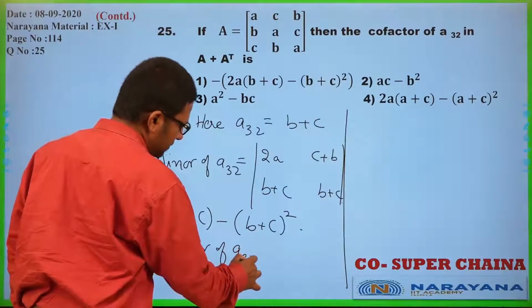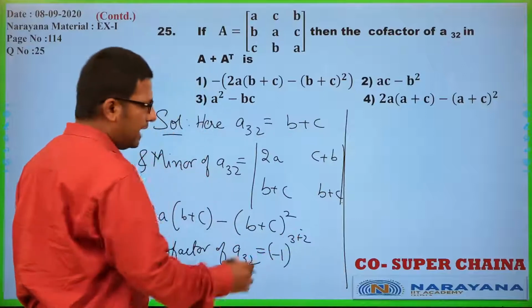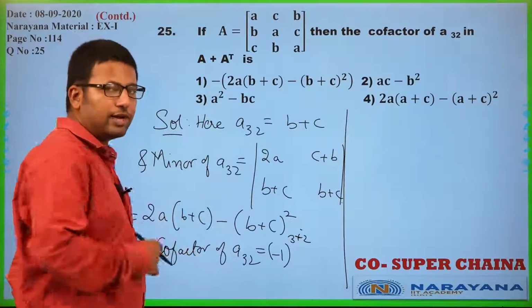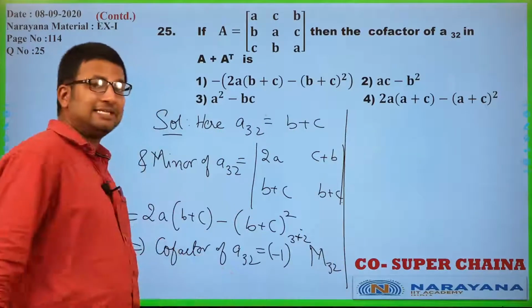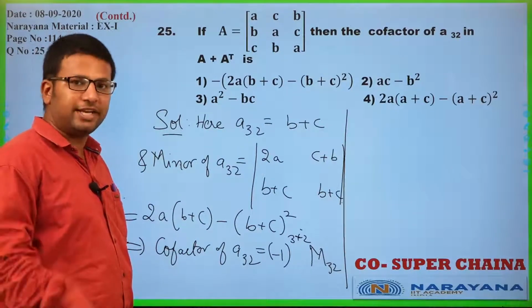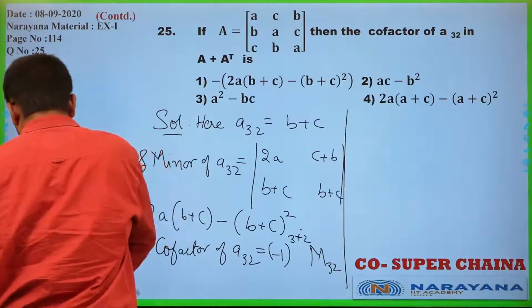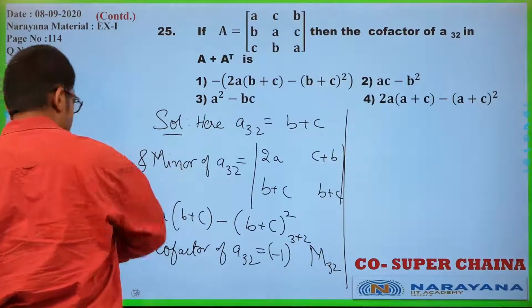Therefore, the cofactor of A32 would be what? It would be minus 1 raised to 3 plus 2. And let us now use the standard notation, because you understand what I am going to write here. It would be M32. Capital M represents the minor of the element at position 3, 2, right? So what is this now?